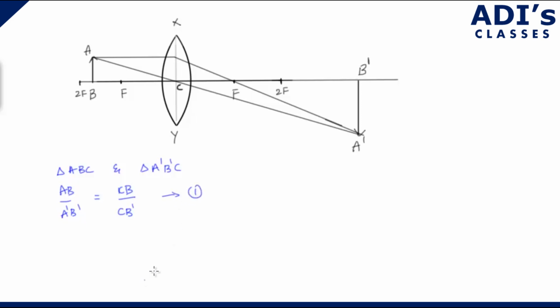Call this equation number 1. Then we will consider, call this point E. We'll consider triangle CEF and triangle A dash B dash F. If you look at it, these two are also similar because two angles are the same: vertically opposite angles, and one is 90 degrees.